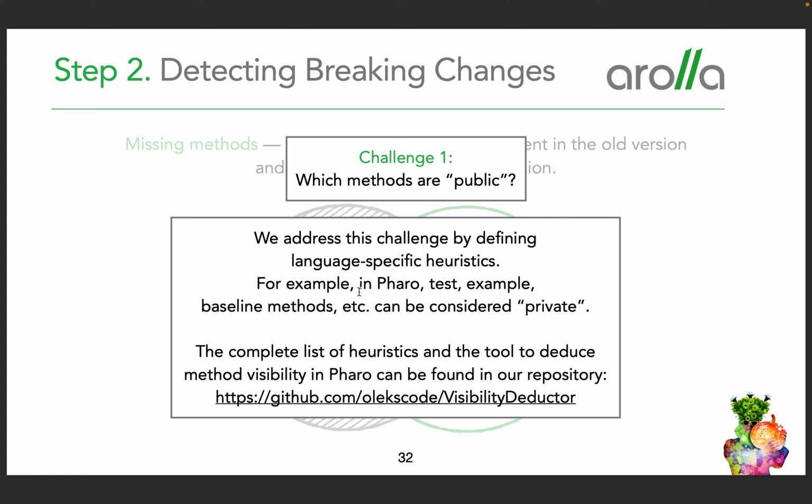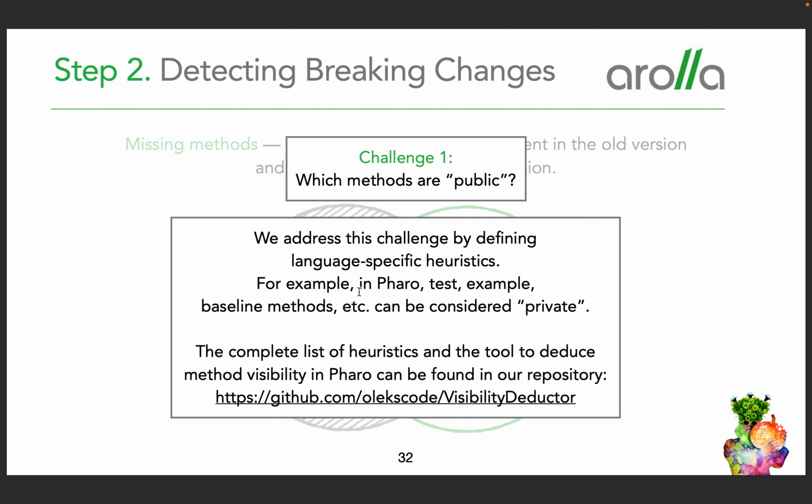So to address this challenge, we define certain heuristics for Pharo. So we know that, for example, test methods should always be considered private, the same as example methods, baseline methods, help methods, and so on, and also methods that have certain protocols. These are kind of tags in Pharo where developers can directly mark that, okay, this method shouldn't be used.